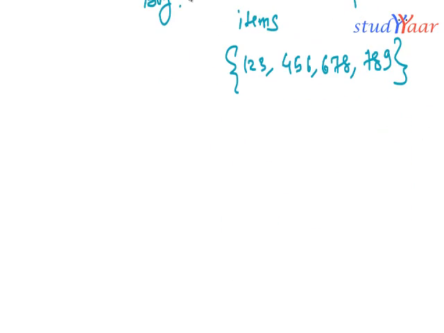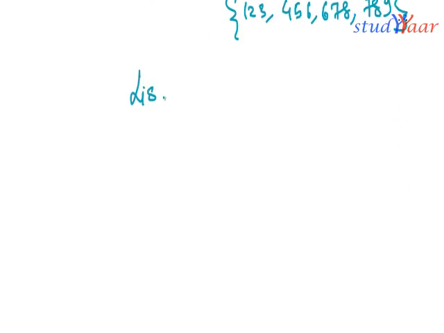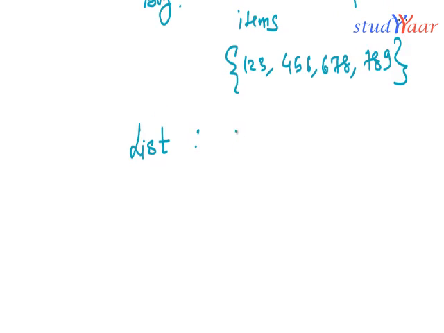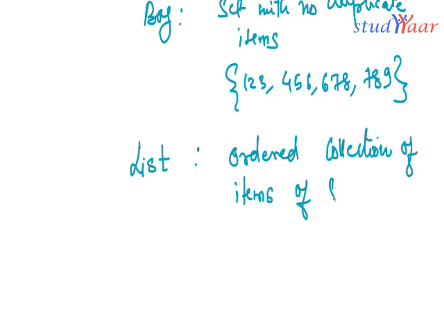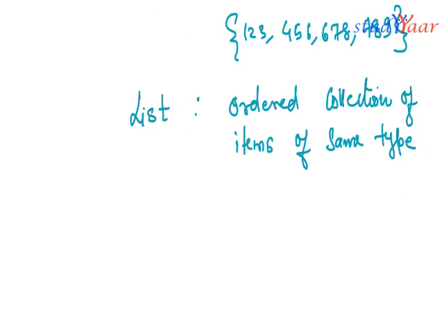The next type constructor we're going to see is a list. A list is an ordered collection of values or objects, or rather we would use the term items of the same type. So in a list we can refer to the first object, second object, third object, and so on.